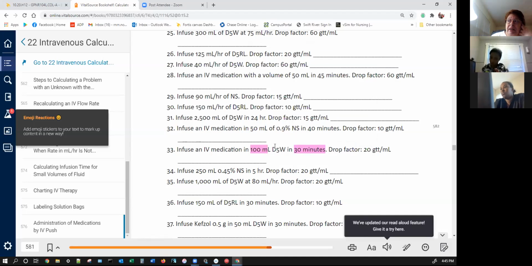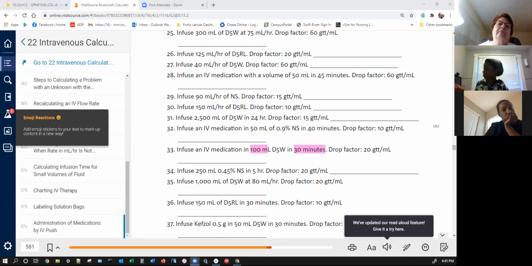We have 100 milliliters, right? We want milliliters per hour.